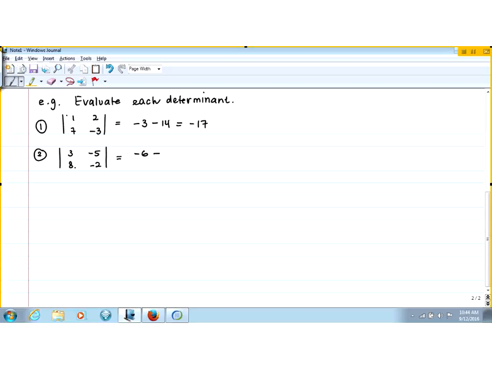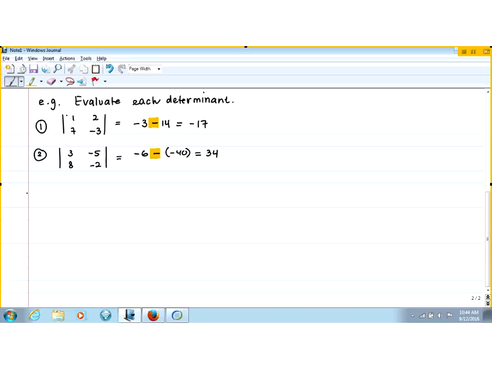AD is negative 6 minus BC is negative 40. So what is negative 6 minus negative 40? Negative 6 plus 40 is 34. Yes. And it doesn't matter if the product of BC is positive or negative, but it is AD minus BC. Yes? Okay, easy?